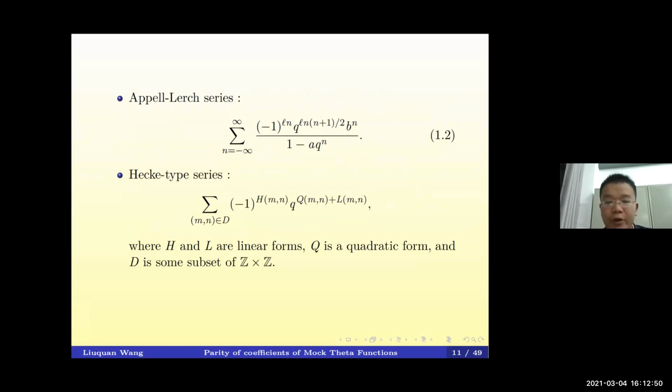And we require that the exponent is non-negative so that the series will converge. These two kinds of series are very important, especially because they serve as bridges between mock theta functions and the theory of modular forms.